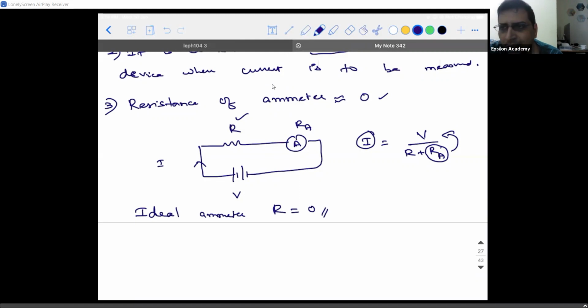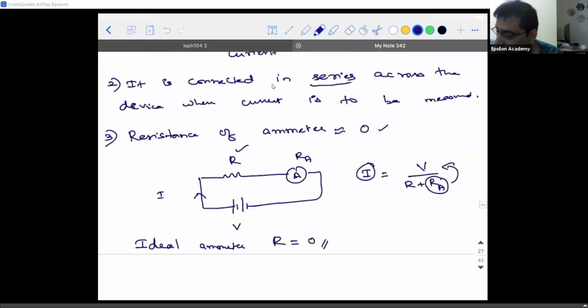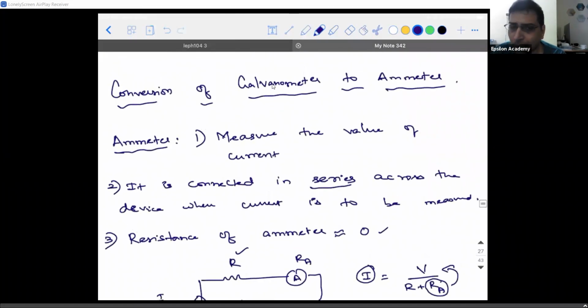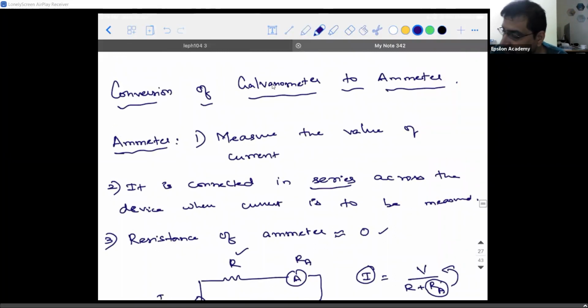Now I have a question. We discussed an ammeter, but the topic is not about an ammeter. It is a galvanometer which is to be converted to an ammeter. Since we have discussed how a galvanometer works: you have two magnets in the shape of concave, in between a coil is placed, and the coil is in turn connected to a pointer, and the pointer revolves.